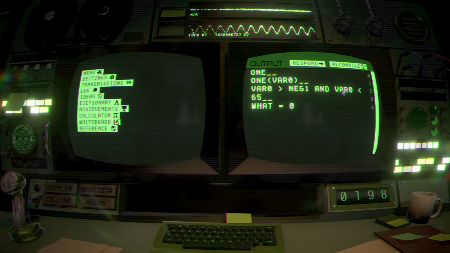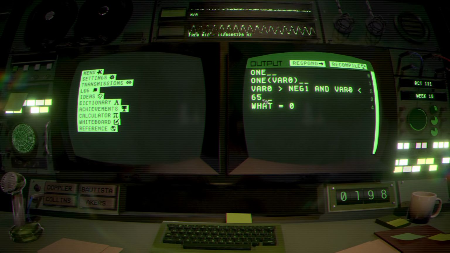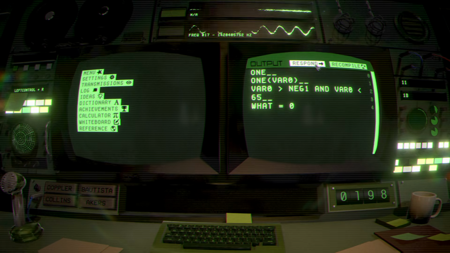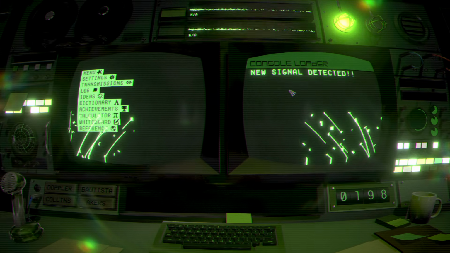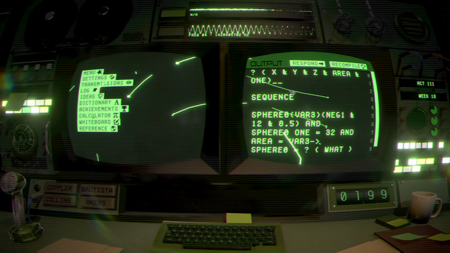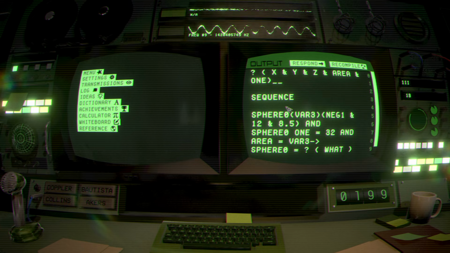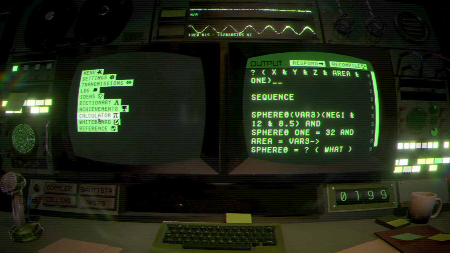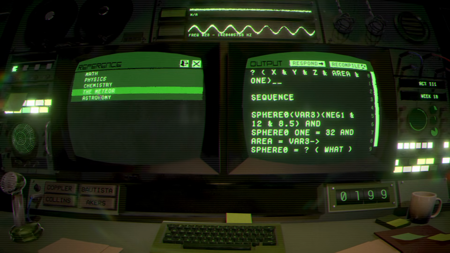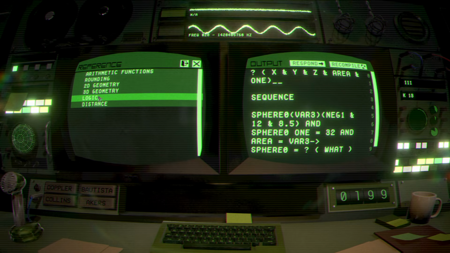And variable 0 is less than 65. What equals 0? But what is that telling us? All right, so let's check our math.